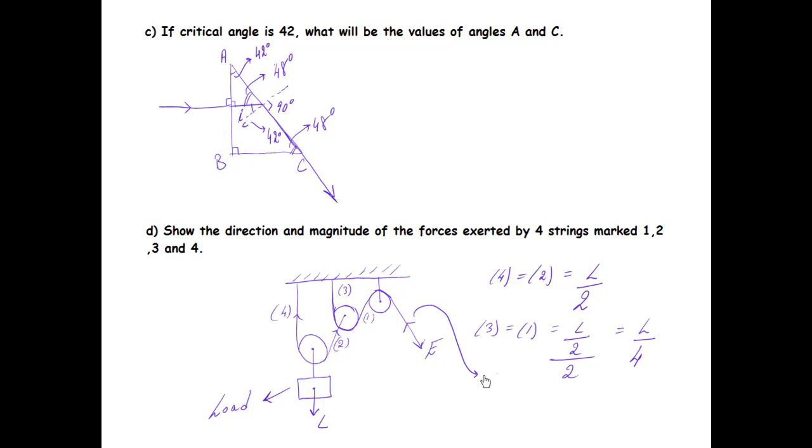Also a reminder that all the tensions act upwards, and therefore you can mark arrows moving upwards. So in that case we can say effort is equal to load upon 4, and as a consequence load upon effort will be equal to 4, and therefore MA will be equal to 4.